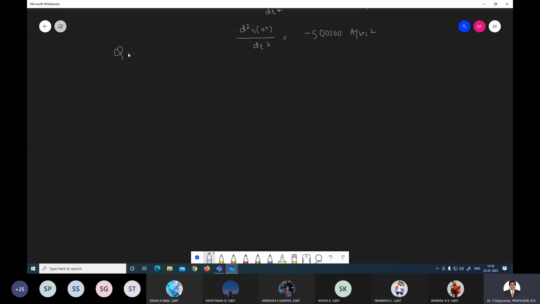This was also asked in one exam for 6 marks. Write what is initial and final condition, and you have to explain only the behavior for the initial condition, not at t is equal to infinity. That you have to explain in the table only.